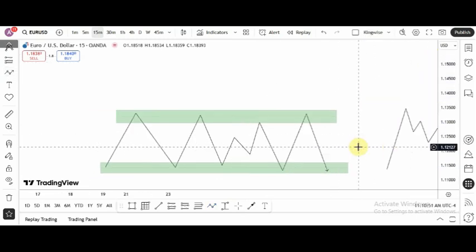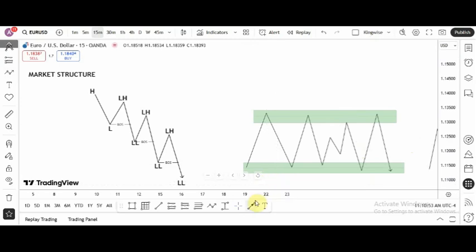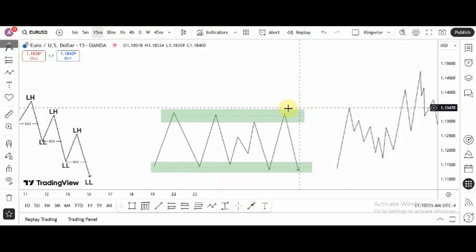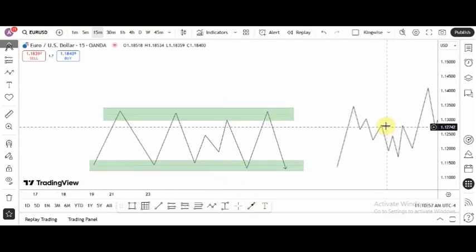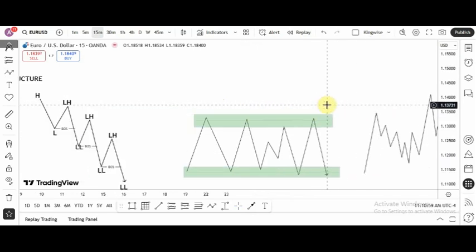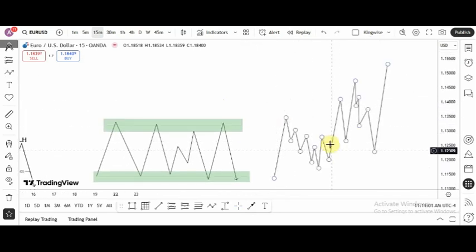This might look very confusing, right? Yeah, it might look very confusing, but now look at it.